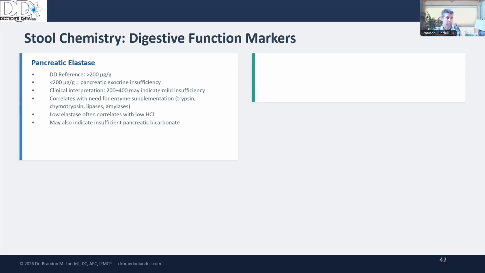So if the pancreas isn't functioning properly, you're likely going to have dysbiosis. You're setting up an imbalanced, too acidic environment where gram-negative bacteria can grow, without enough pancreatic function.